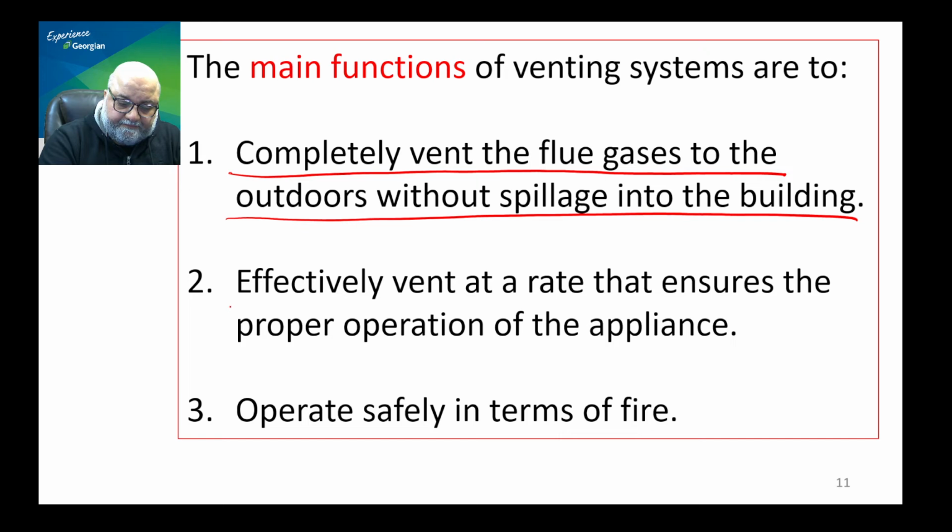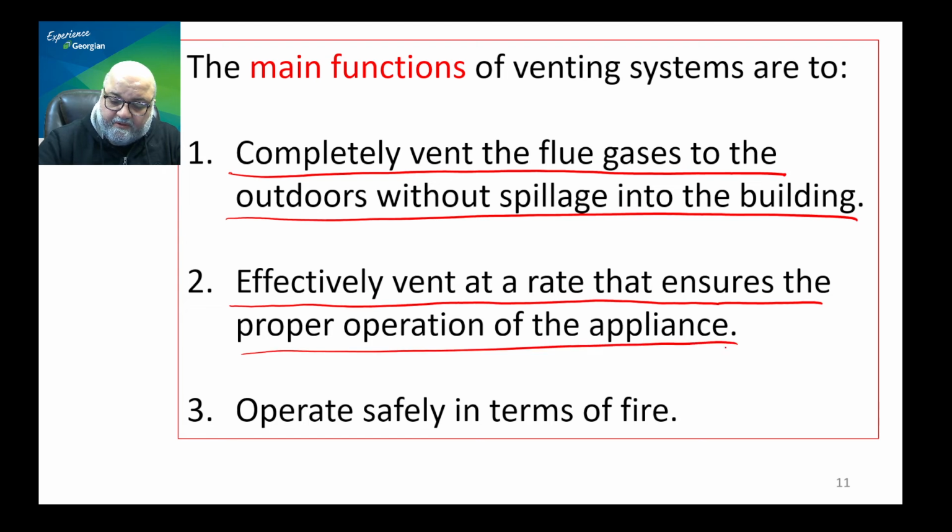Secondly, effectively vent at a rate that ensures the proper operation of the appliance. In other words, if I need to burn 100,000 BTUs per hour worth of fuel, my venting system should be able to remove that much of combustion products per hour.